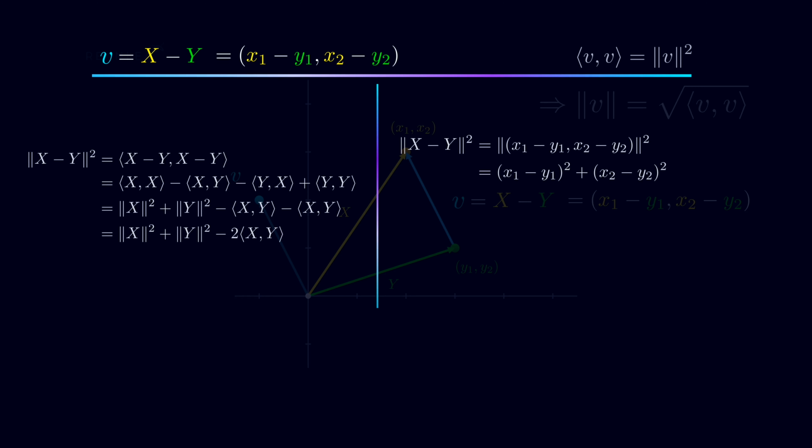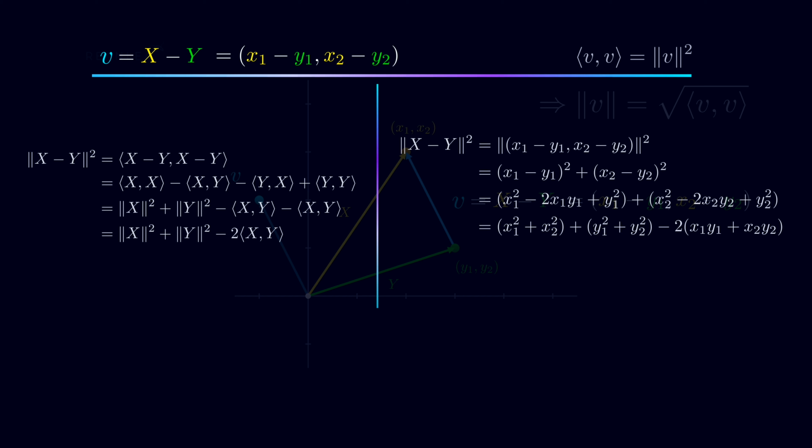Now just by applying the binomial theorem and rearranging, we deduce the expression as x1 square plus x2 square plus y1 square plus y2 square minus 2 times (x1 y1 plus x2 y2). That is basically norm of x square plus norm of y square minus 2 times (x1 y1 plus x2 y2).